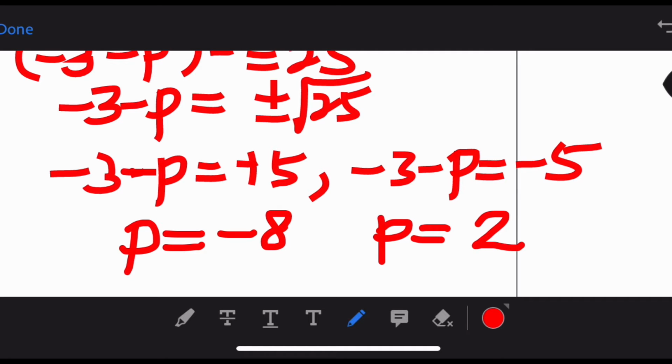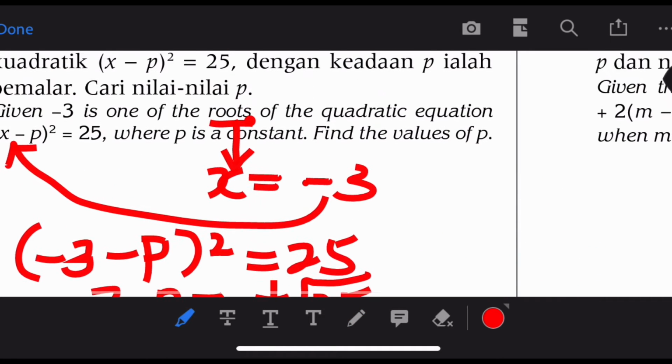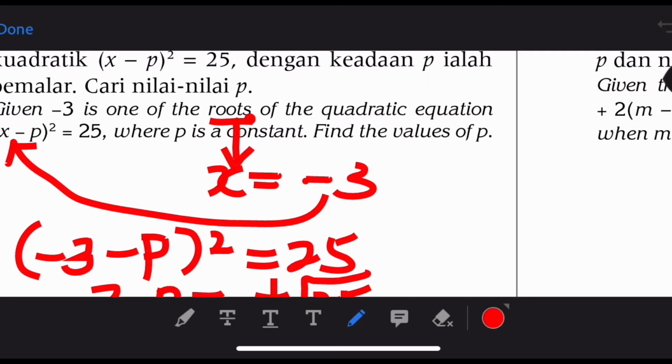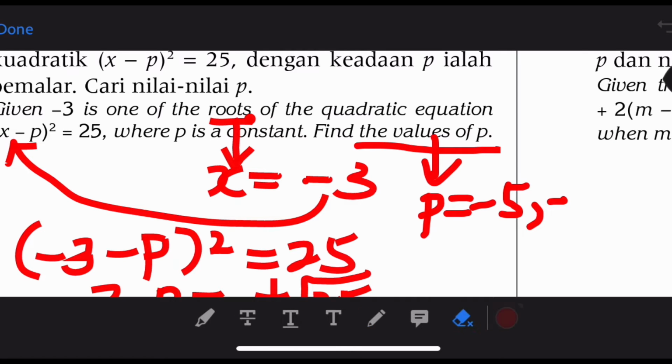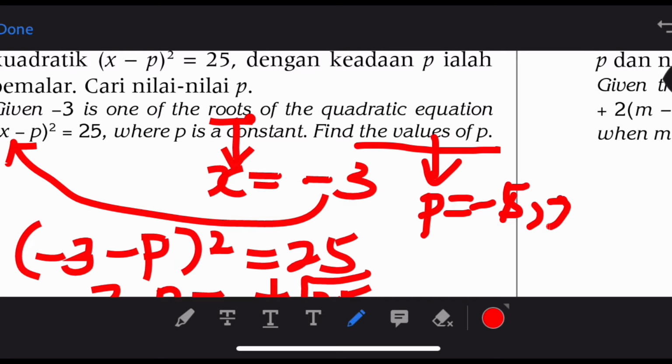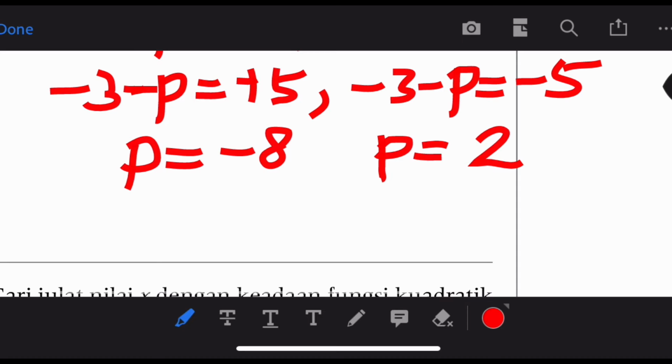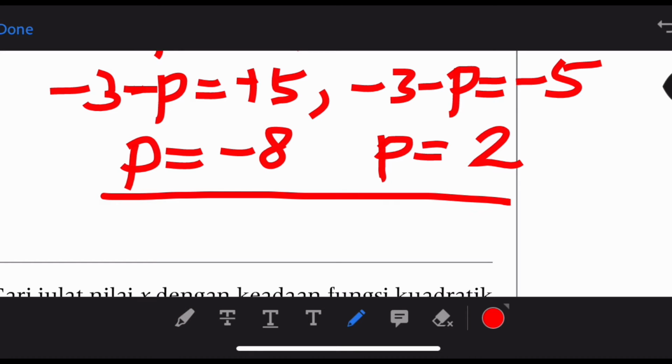So in this case, we have two values. You see, the question already gives you the clue. Values means your p should be two values, negative 8 and 2. This is the answer for number 1.